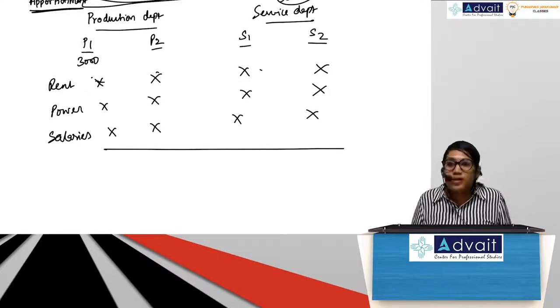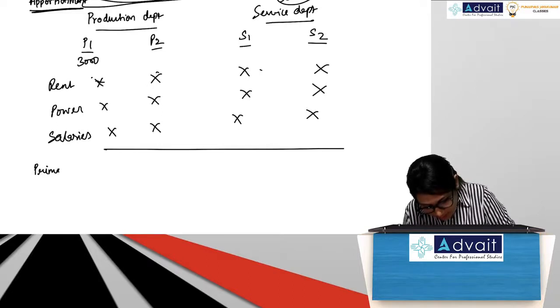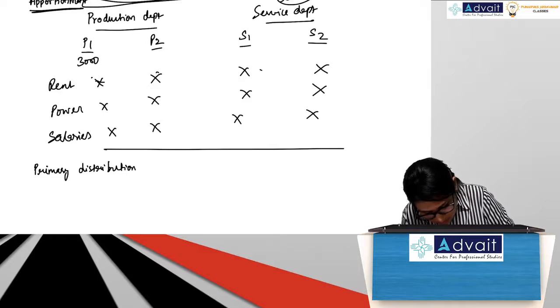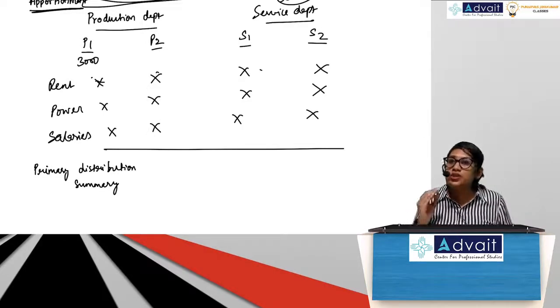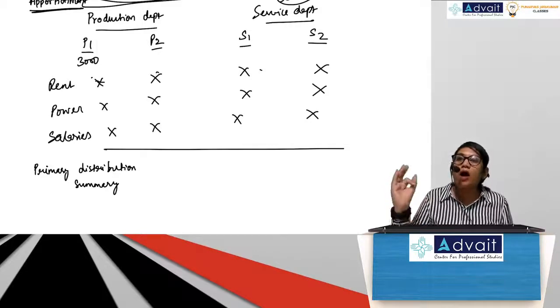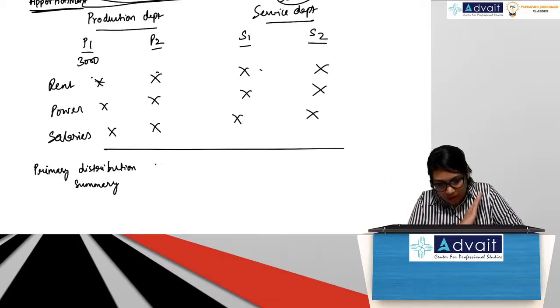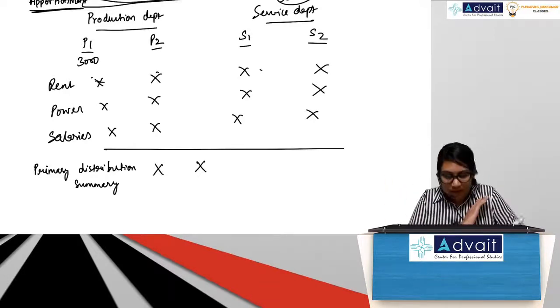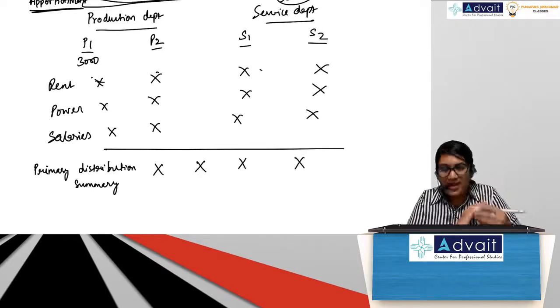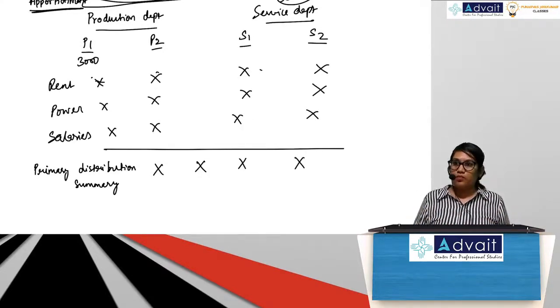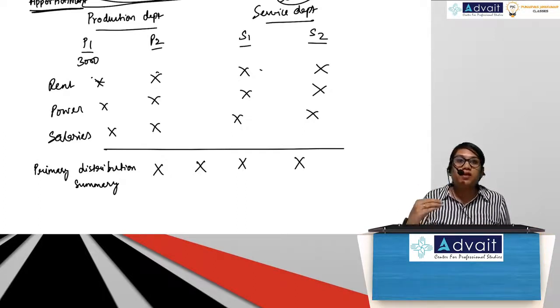This is called the primary distribution summary, which means I have apportioned and allocated all my indirect expenses to all the departments. So P1 will have a balance, P2 will have a balance, S1 will have a balance, S2 will have a balance. Now step 5 and step 6 are very crucial.